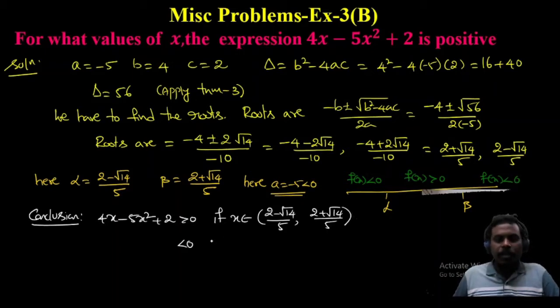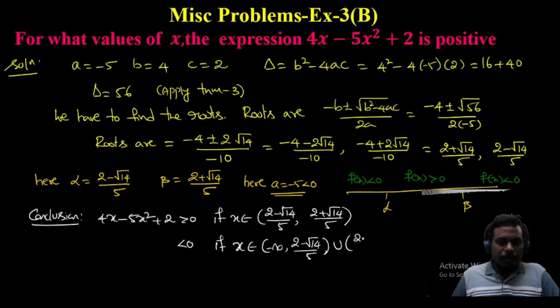If the question is asked for what values of x the expression is negative, we have to write the answer minus infinity to 2 minus root 14 divided by 5 union 2 plus root 14 by 5 to infinity.